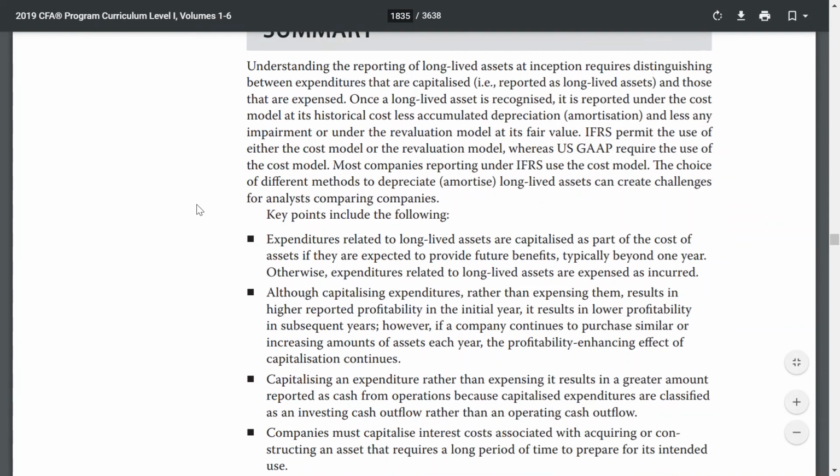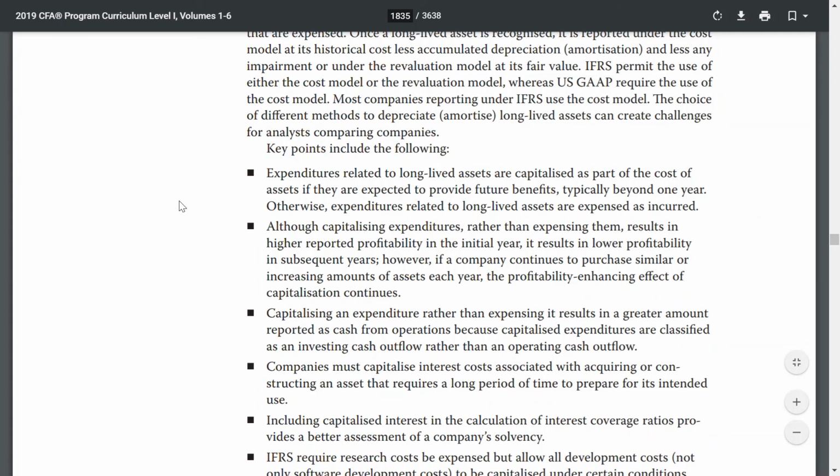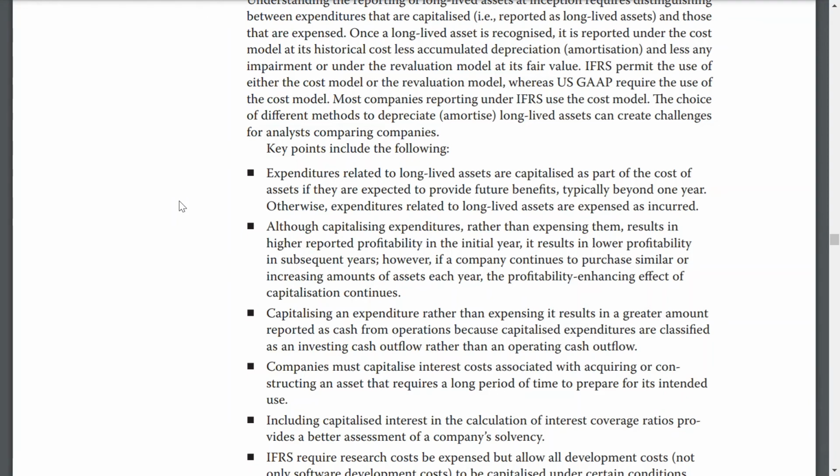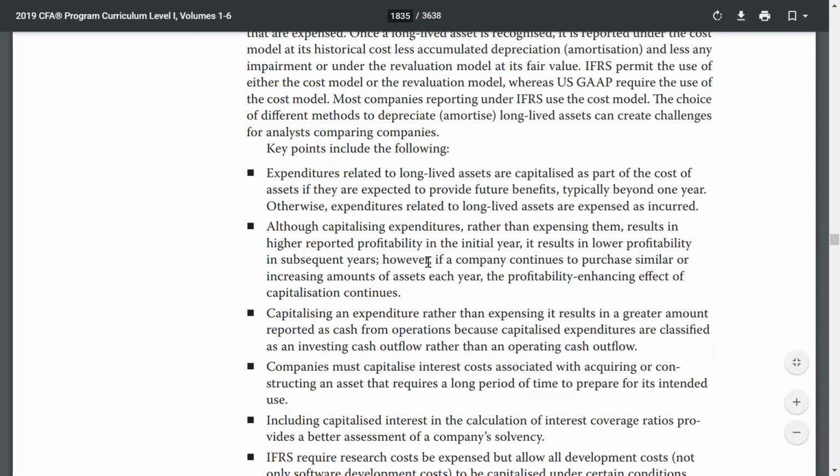Key points include the following: expenditures related to long-lived assets are capitalized as part of the cost of assets if they are expected to provide future benefit, typically beyond 1 year. Otherwise, the expenditures related to long-lived assets are expensed as incurred.